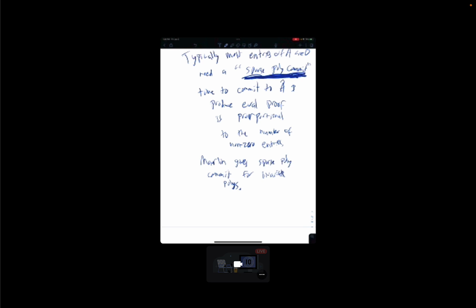They just build on top of it. The way they're constructed is through a transformation of a standard polynomial commitment scheme into a sparse polynomial commitment scheme. So they in fact have the same amortization and batching properties as the standard polynomial commitment schemes that they invoke.